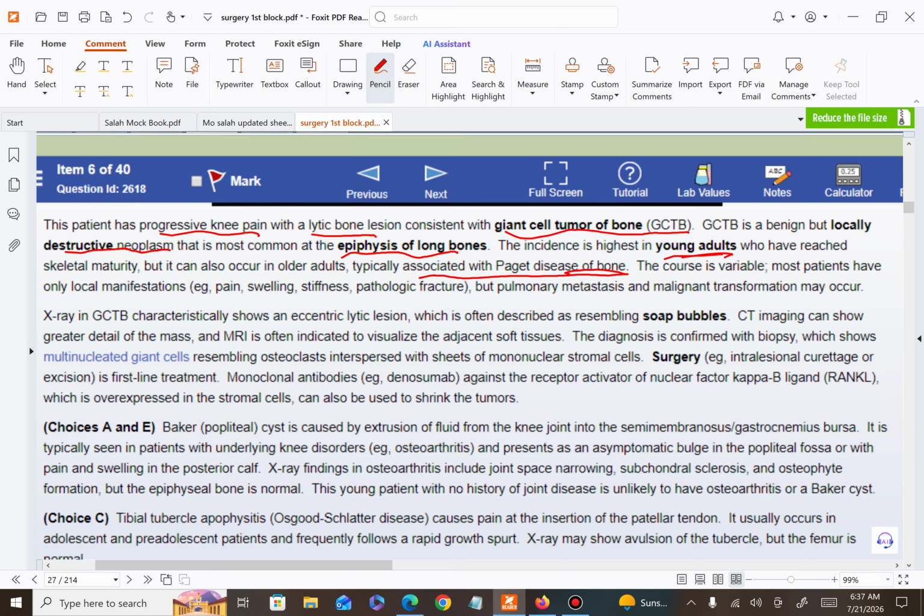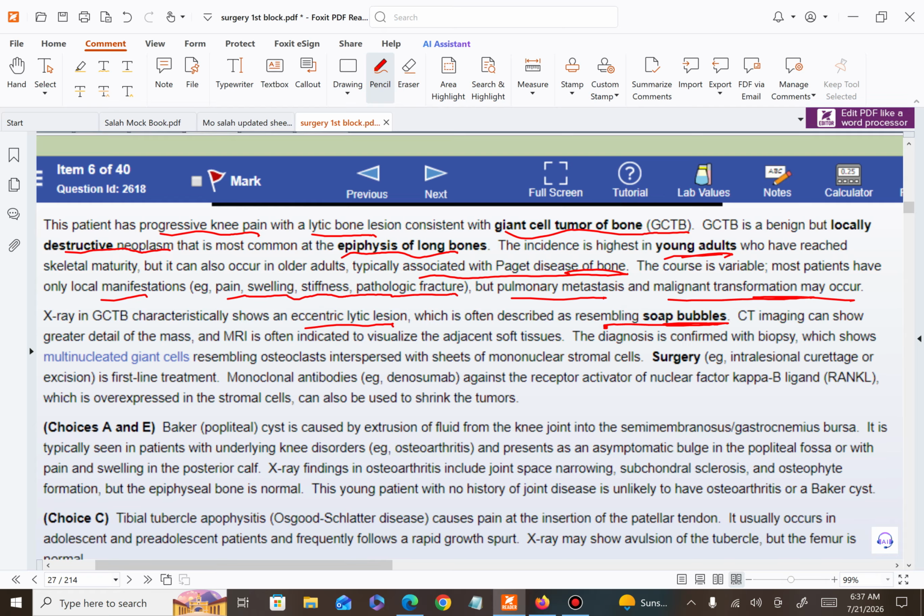Most patients have only local manifestations like pain, swelling, stiffness, and pathological fracture, but pulmonary mets and malignant transformation may occur. X-ray characteristically shows an eccentric lytic lesion, often described as resembling soap bubbles.